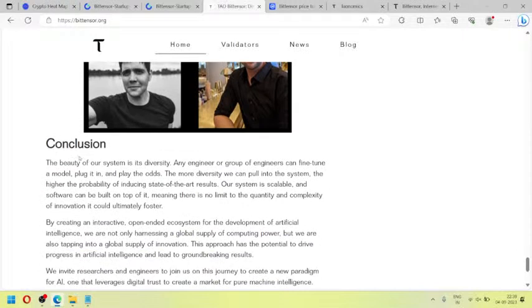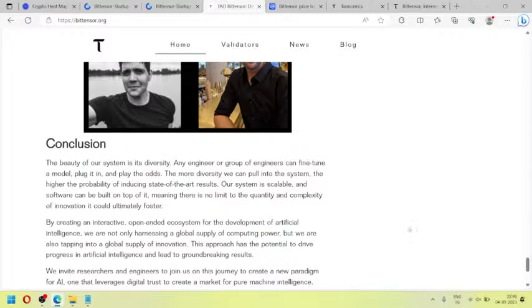And the conclusion about Bittensor. The beauty of our system is its diversity.